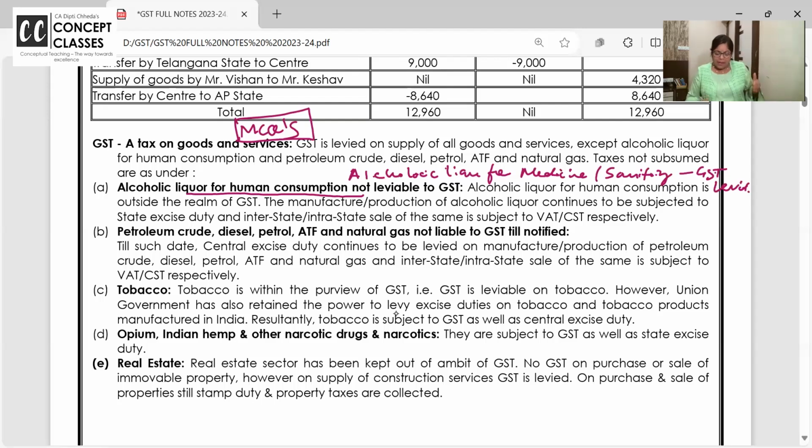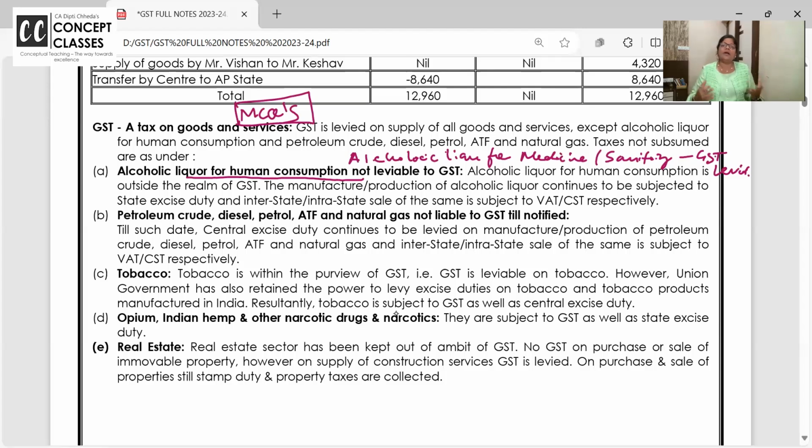Clear? But states have huge income from liquor only. So they said to the center, GST, dare you touch this? Leave it to us. Because there are a few states which have their major income through liquor, they don't want to let it go into GST. Once it goes into GST, the center will take half and the remaining half and all.